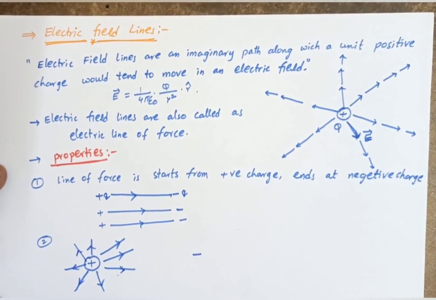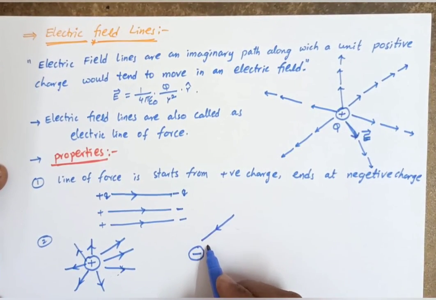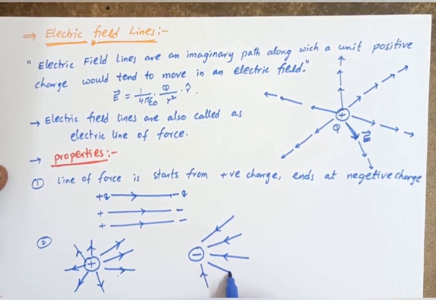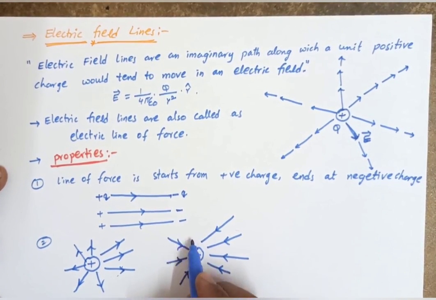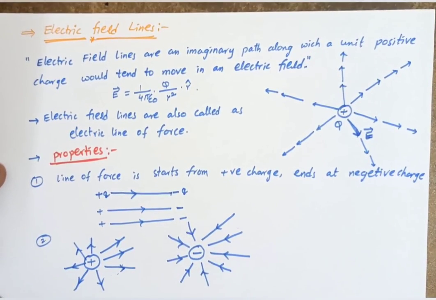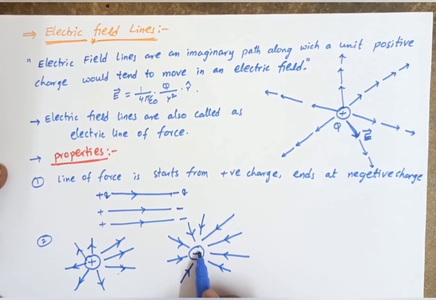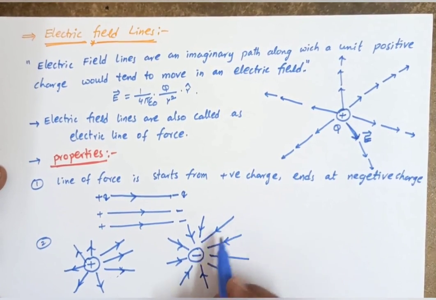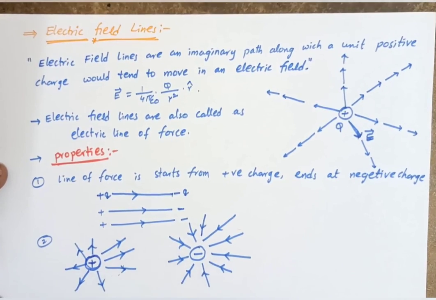When we consider a negative charge, the lines start at infinity and end at the negative charge. These are the electric field lines. For a free negative charge, the lines go towards the negative charge from infinity, and for a free positive charge, they start from the positive charge and end at infinity.